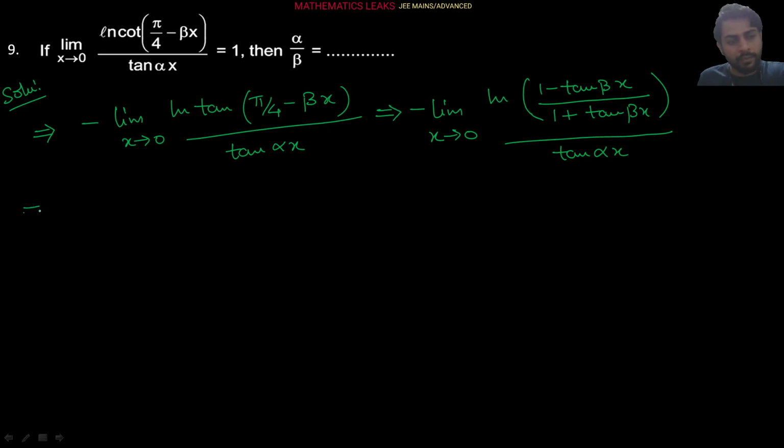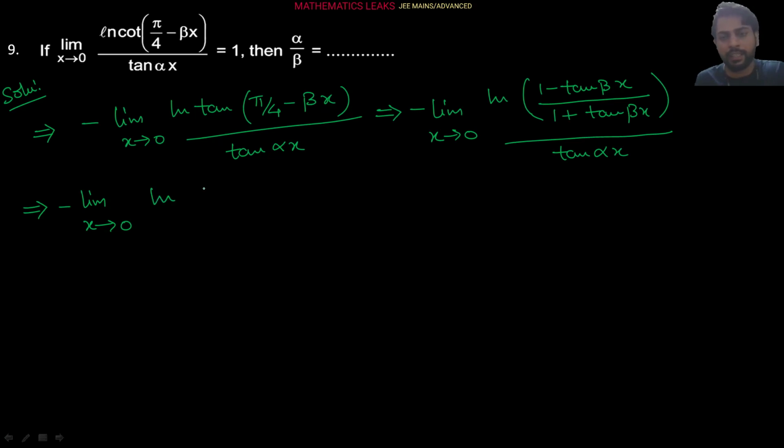So what will be coming here? Minus of limit of x tends to 0. And this quantity, if you are observing, I am just going to do a multiplication here. Just observe this. Before multiplication, I am just going to add 1 and subtract 1, so there will be no difference.